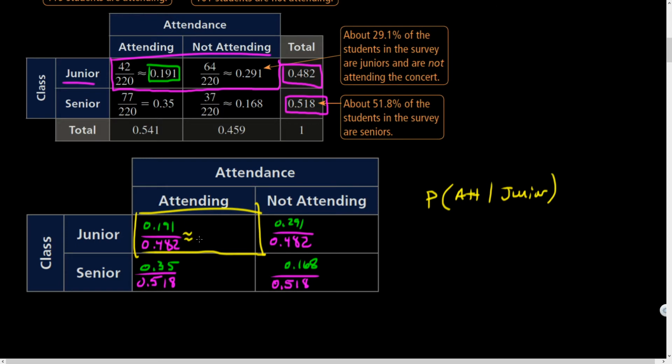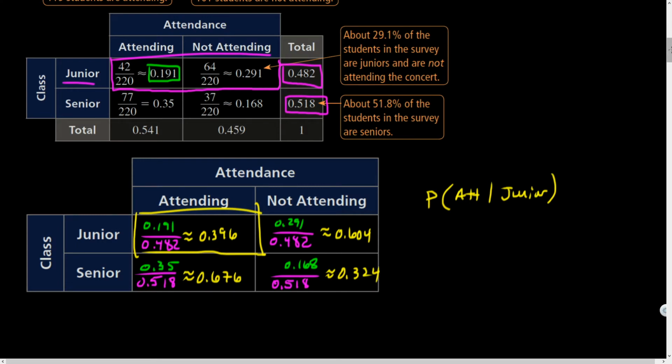And so if I evaluate these, I get 0.396. Here I would get 0.604. Here I would get 0.676 and 0.324.